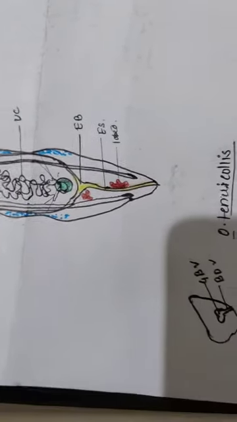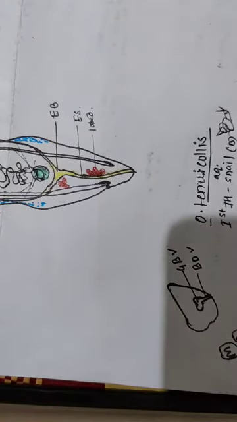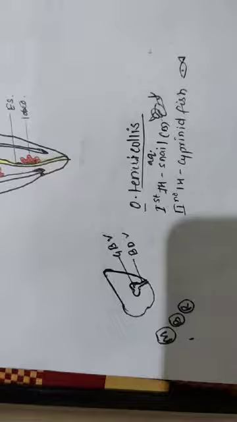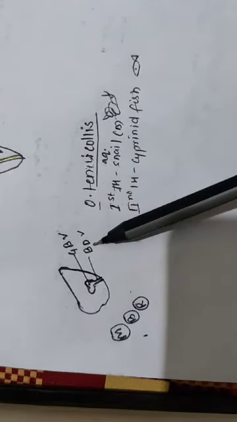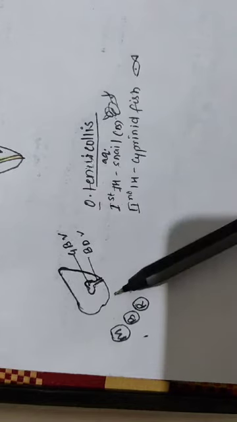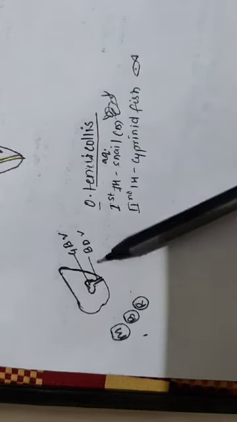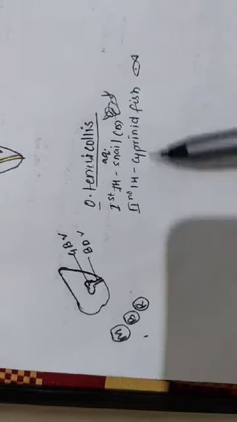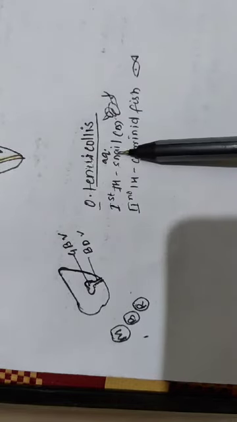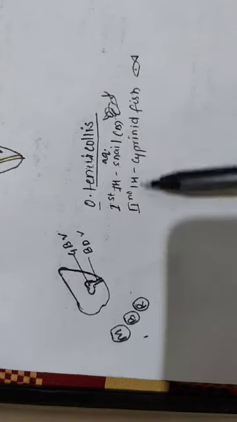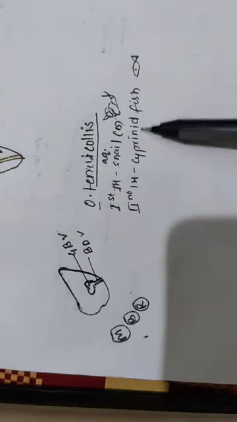Now the important thing is that this Opisthorchis tenuicollis is present in the gallbladder and the bile duct of men, birds and reptiles. The first intermediate host is an aquatic snail, that is Bithynia, and the second intermediate host is the cyprinid fish.